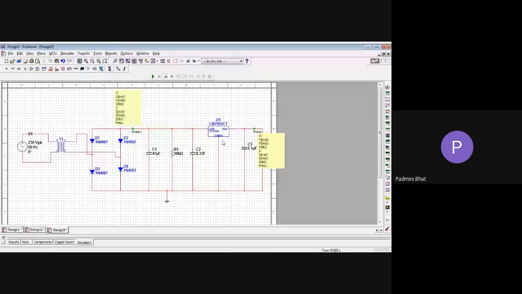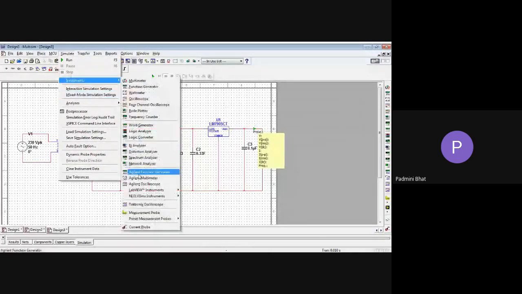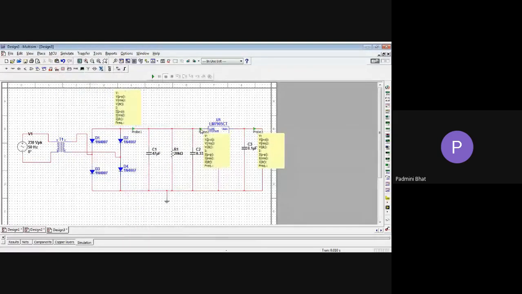Okay, now here one measuring probe should be there. Simulate. Instruments. Yeah, fine.